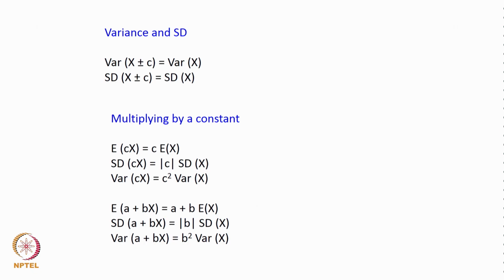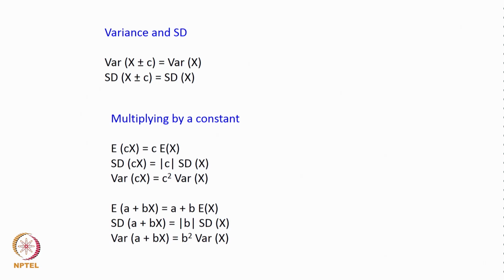When we add or subtract a constant, the variance does not change. So, it remains as variance of x. Similarly, standard deviation of x plus or minus c also will not change because the variance had not changed, so standard deviation of x plus or minus c is equal to standard deviation of x.